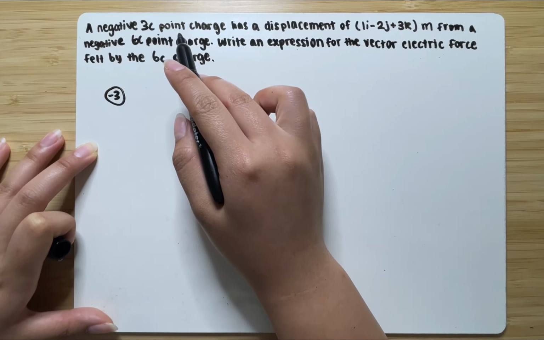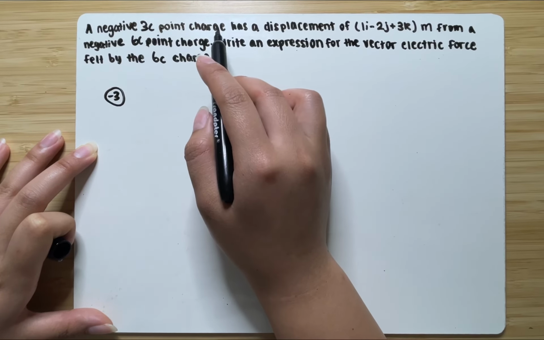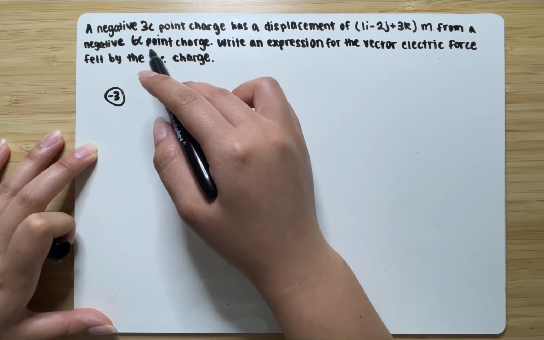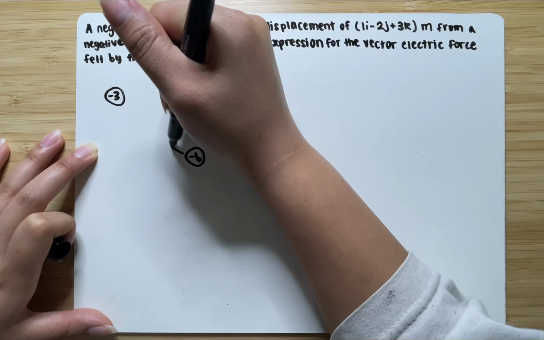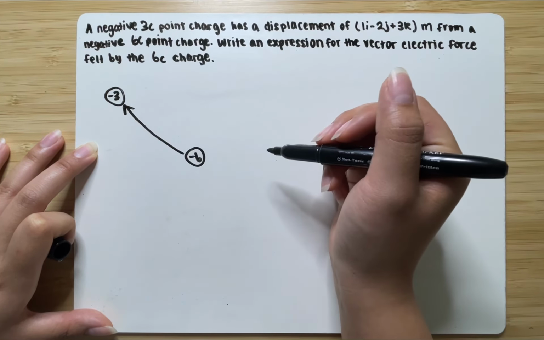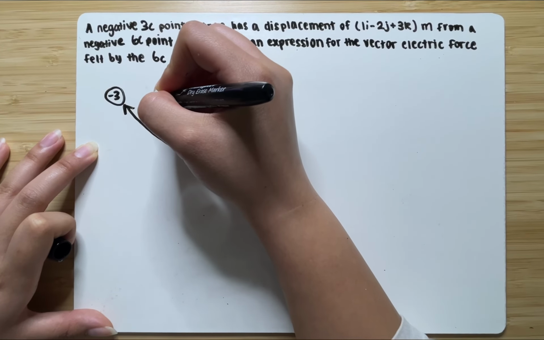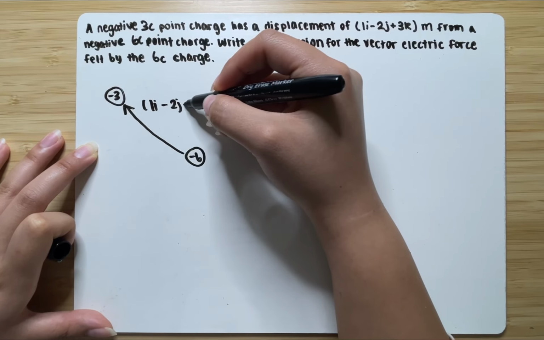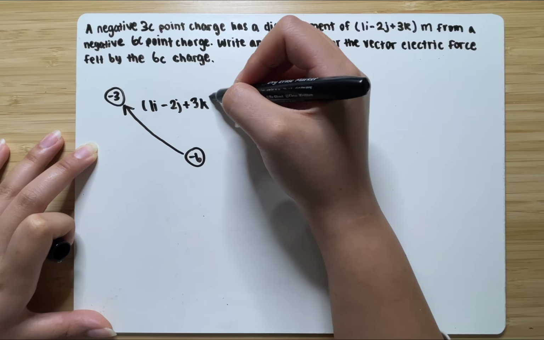And the 3 coulomb point charge has a displacement coming from the negative 6 coulomb point charge. So coming from the negative 6 coulomb point charge, we have a displacement of 1i minus 2j plus 3k meters.